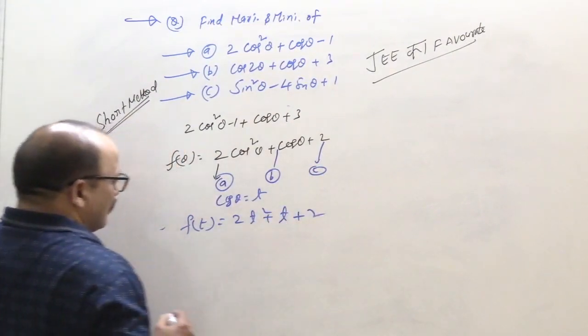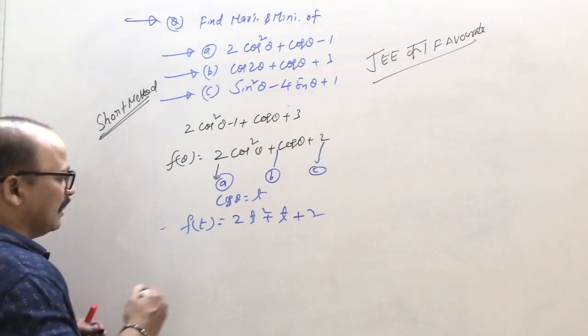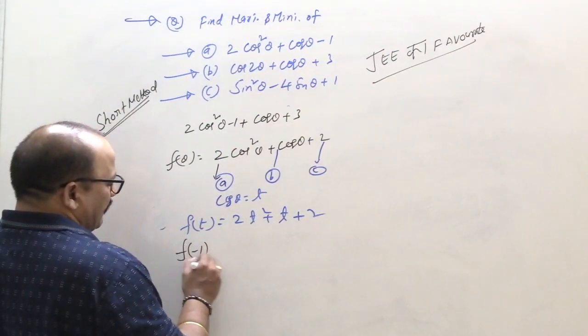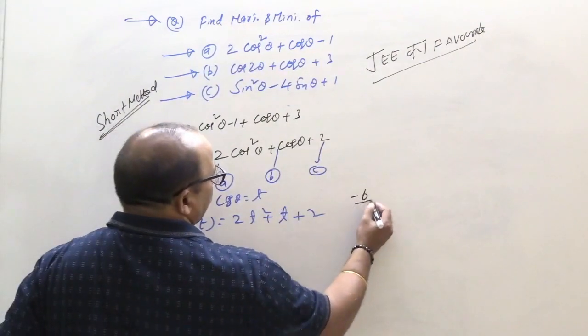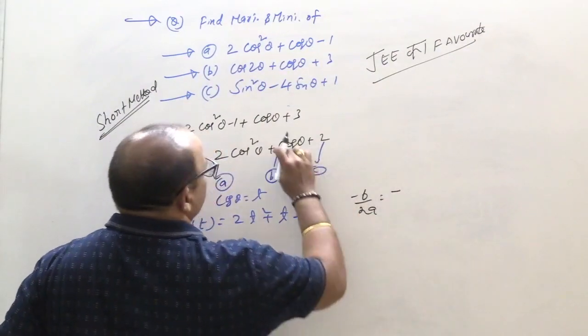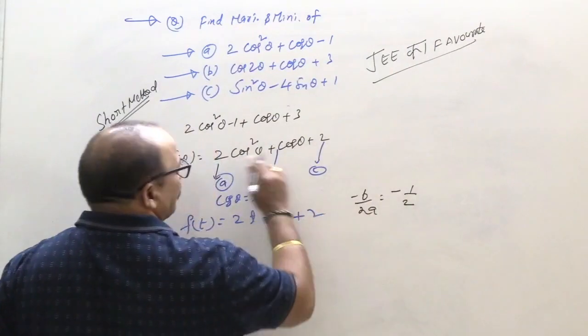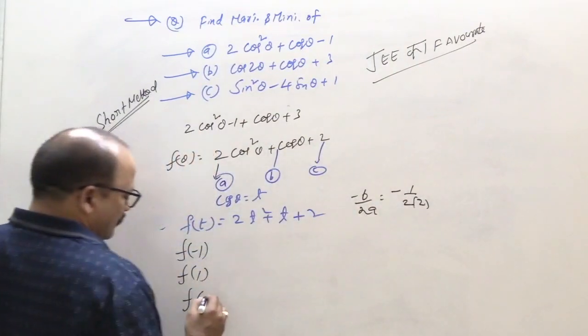To get the minimum value, we check f of minus 1, f of plus 1, and f of minus b by 2a. Minus b by 2a is minus 1 by 4.